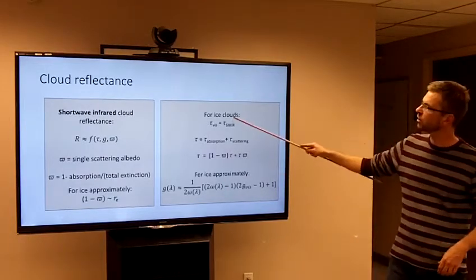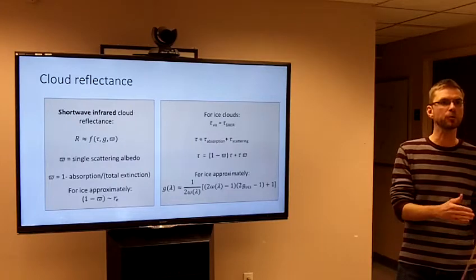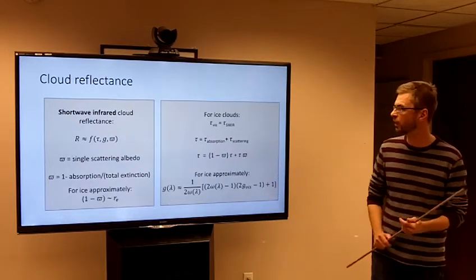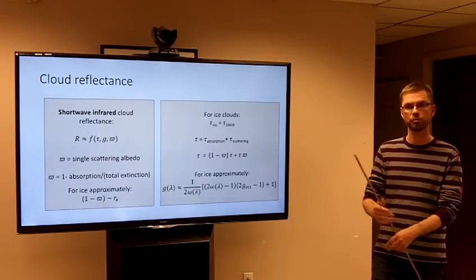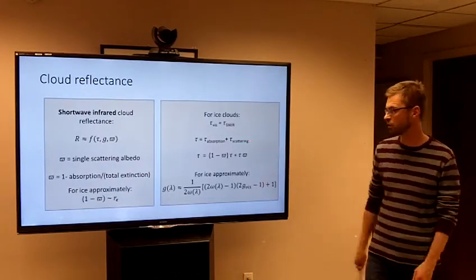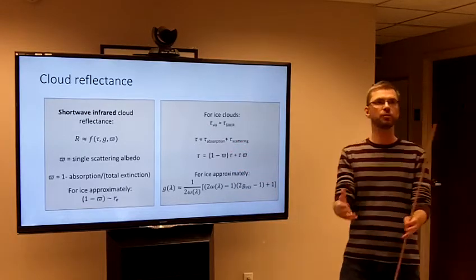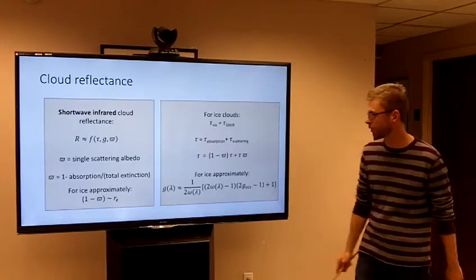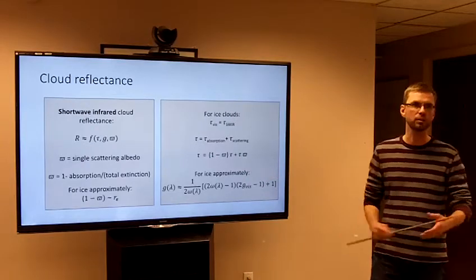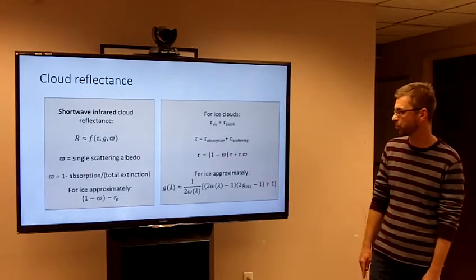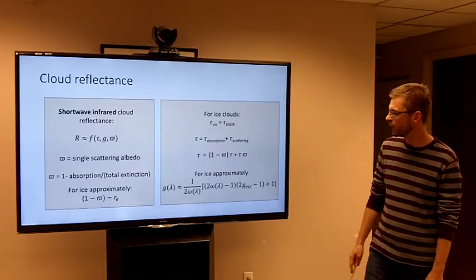And then, for ice clouds, the optical thickness doesn't change with wavelength from the visible to the shortwave infrared. So the optical thickness is the same. But in the infrared, part of the optical thickness comes from the absorption, and this is basically how it's weighted between absorption and scattering.